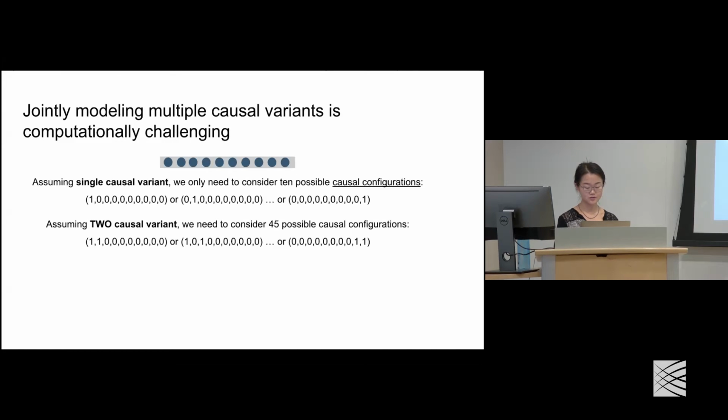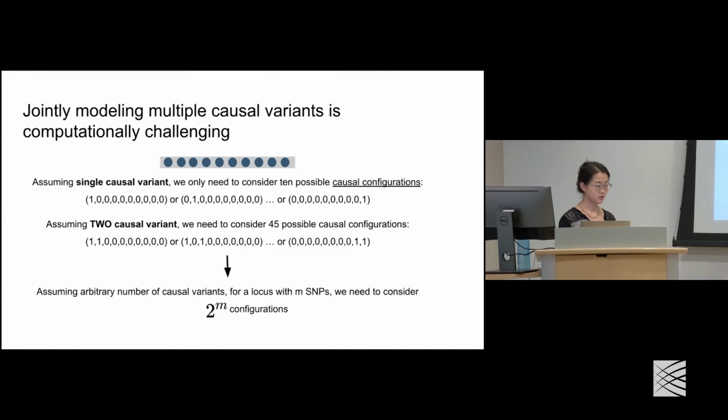Now we have to consider 45 possible causal configurations, and you have to compute the Bayes factor for all of them in order to normalize into PIPs. And you can imagine it gets out of hand pretty quickly from there. If you assume an arbitrary number of causal variants for a locus with m SNPs, then you need to consider 2 to the m configurations.